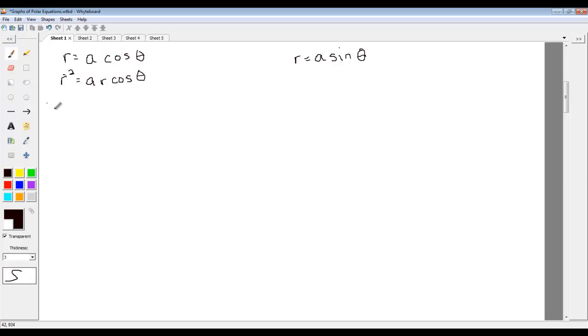Then if you convert this to rectangular form, you get that. Subtract the ax from both sides. Get that. Complete the square.